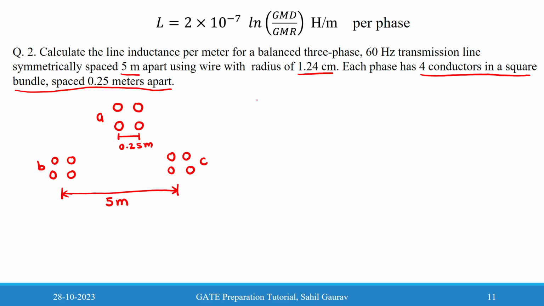And we will first find the geometric mean radius. For geometric mean radius we have to find the effective radius of a conductor. So r is given for each conductor as 1.24 centimeter, that is 0.0124 meter.